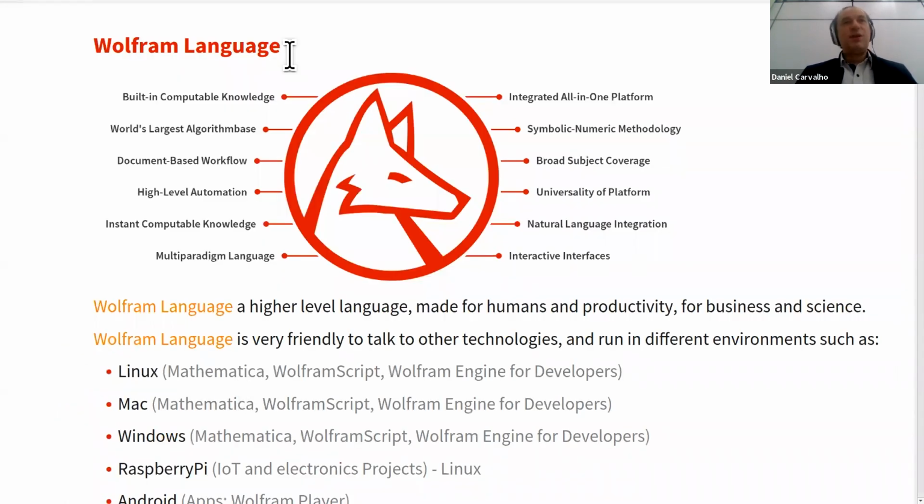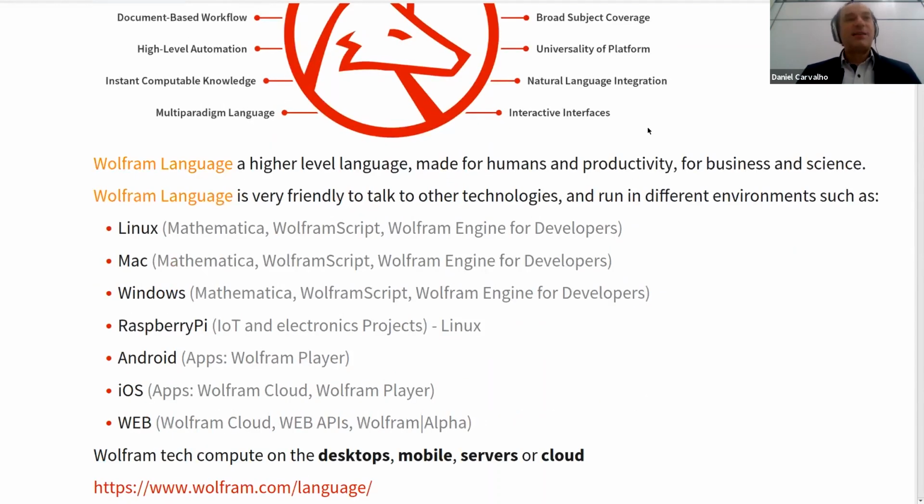I usually talk to clients, many of whom are used to working with Mathematica, but I like to highlight that you can run Mathematica on Linux, Mac, Windows, and Raspberry Pi for electronics, IoT projects, and so on. And we have it on mobile for Android and iOS.